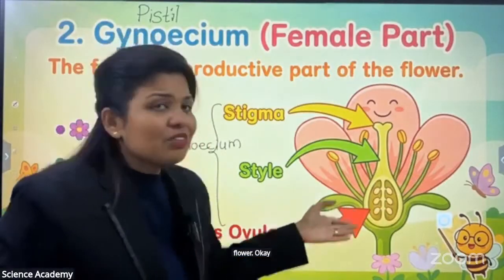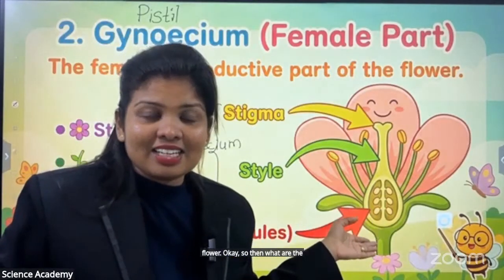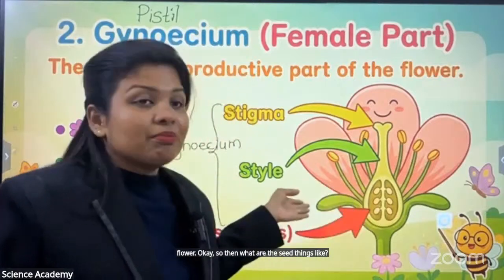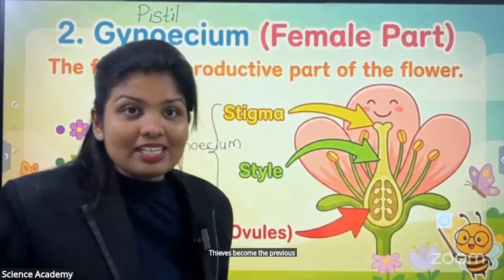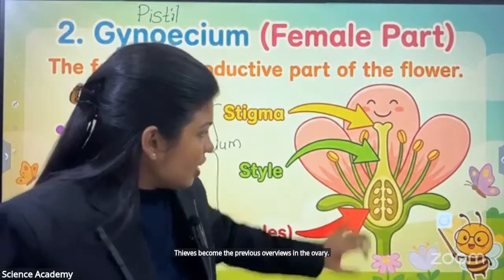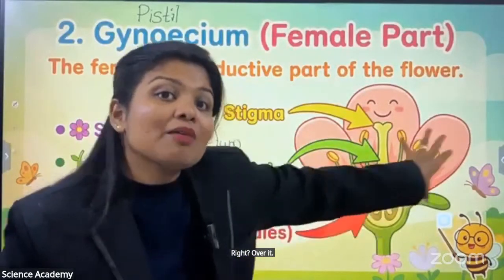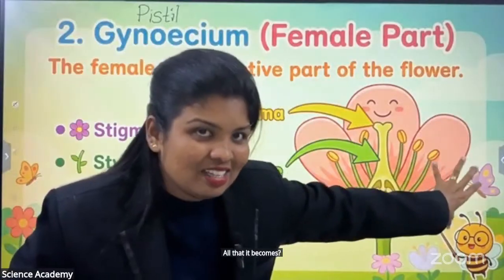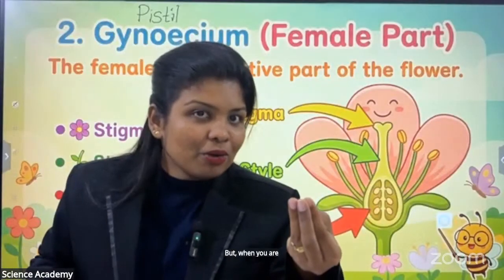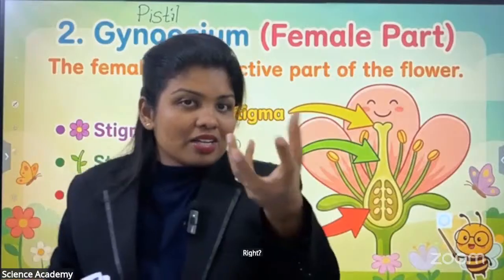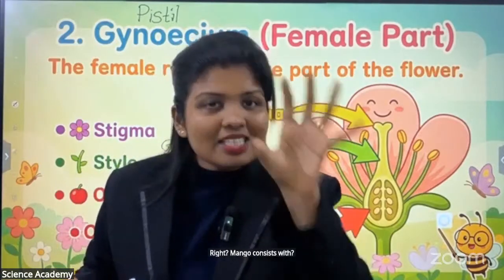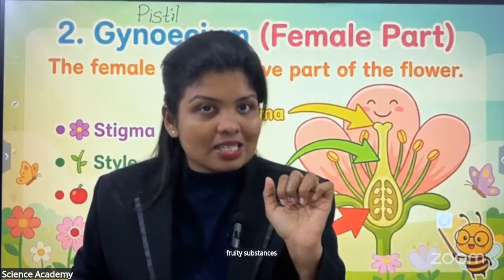Okay. So then what are the seeds inside? Seeds become the previous ovules in the ovary. Ovary becomes fruit. When you are eating mango, mango consists of fruity substances around the seed.